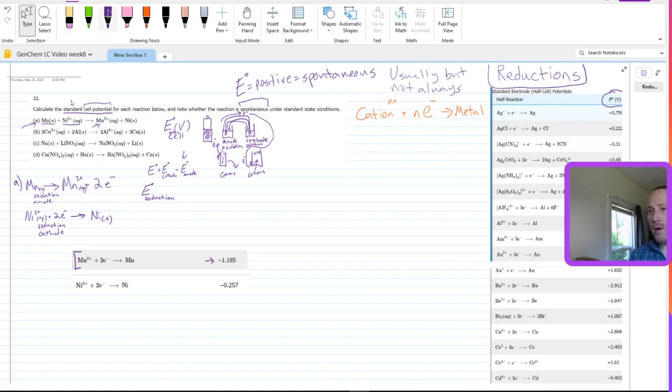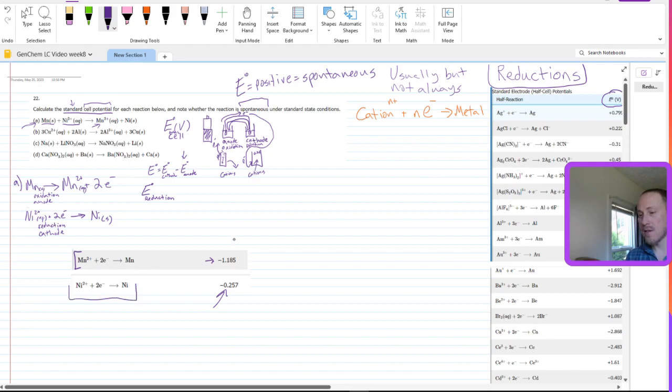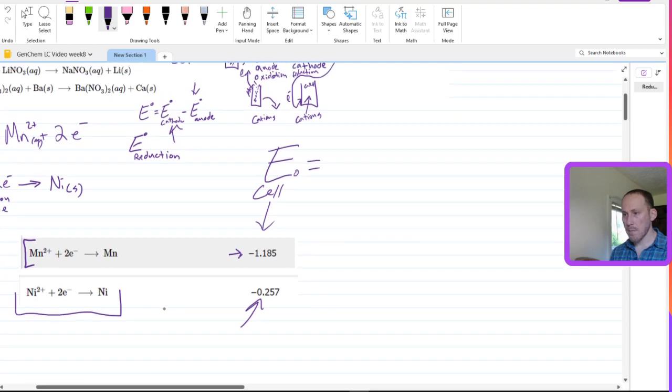However, the negative potential of the nickel to get reduced is definitely eclipsed by the negative potential for the manganese to get reduced. So the E cell on this one is going to be, again, the cathode minus the anode.